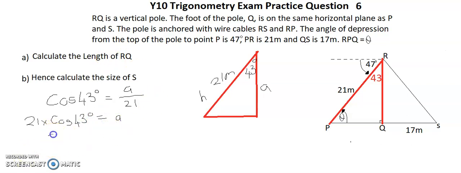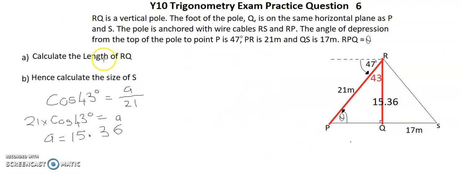Now that gives me the understanding that my adjacent side is 15.358. I'll just say 15.36. I'll round it up. So now I know that this side is 15.36. What's the next thing I need to find out?